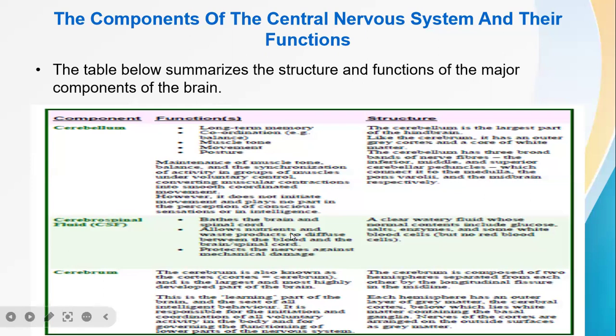Also, it allows nutrients and waste products to diffuse between the blood and the brain and spinal cord. Also, it helps to remove waste products from the brain and spinal cord. The other function is that it protects the nerves against mechanical damage.